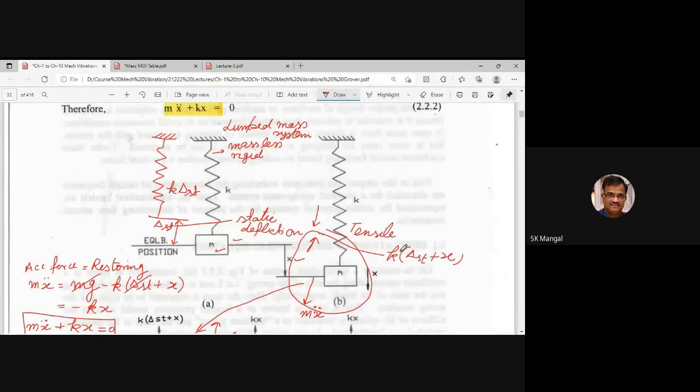Now in this case, I am assuming this as a reference point for my analysis.